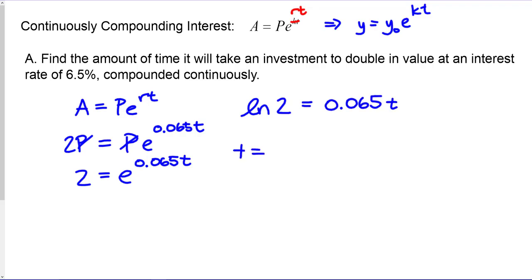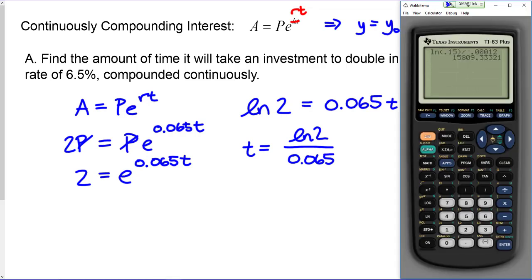So t is going to be the natural log of 2 divided by 0.065, and I will do that on the calculator. I've got 10.66, I'll just say approximately 10.7 years.